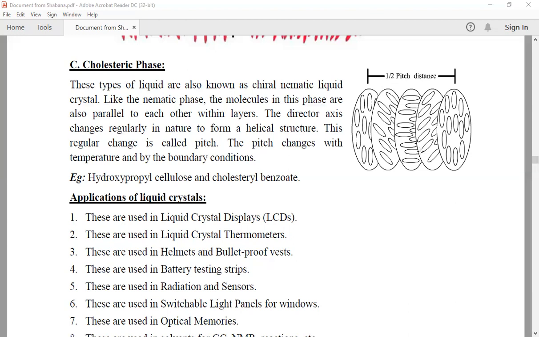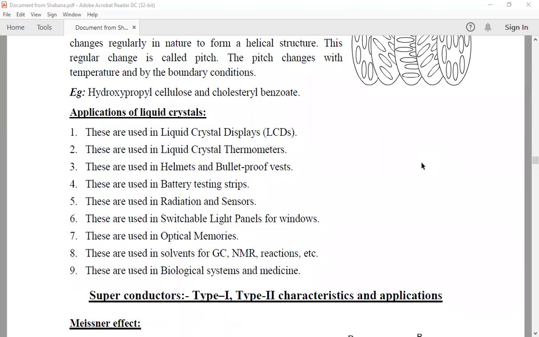Next, coming to the applications of liquid crystals. Liquid crystals find wide use in liquid crystal displays, known as LCDs, which rely on the optical property of certain liquid crystal substances in the presence and absence of an electric field.